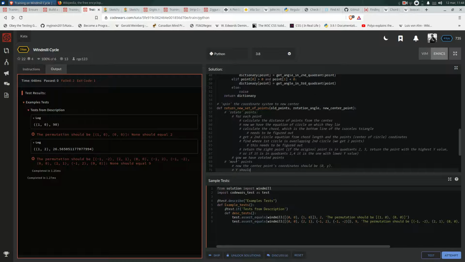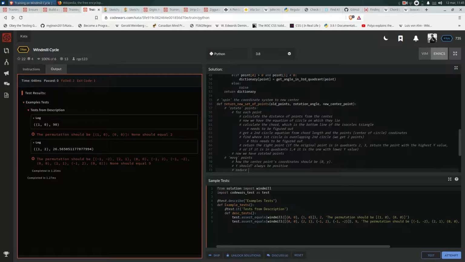Y should, I think, always be positive. Reduce the y value of all points, including the new center and old center, by the y value of the new center.